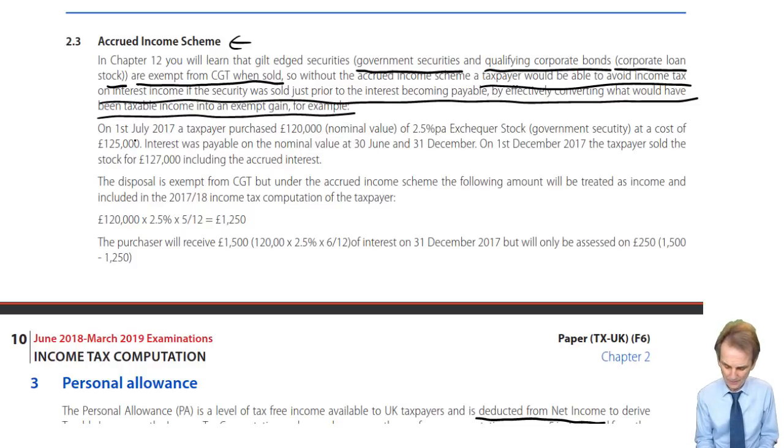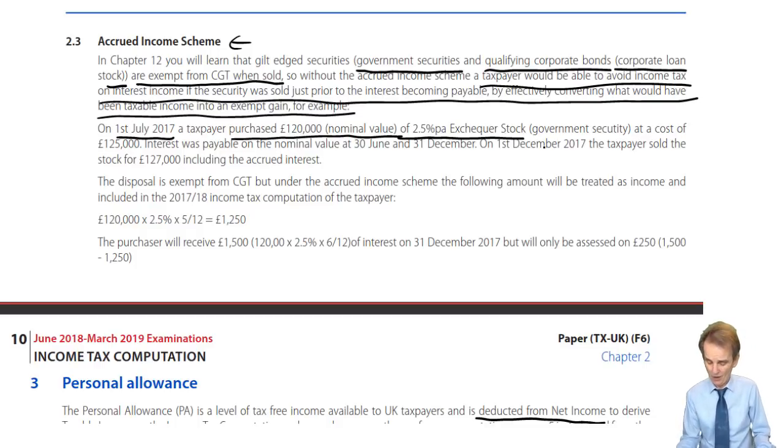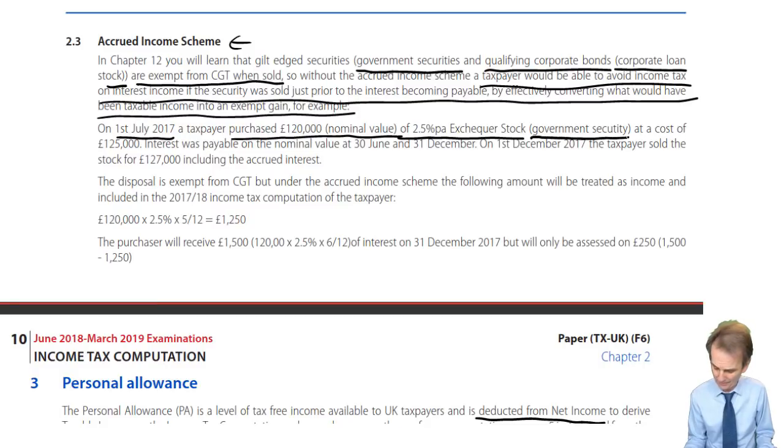So, we are told that our taxpayer on the 1st of July 17 purchased £120,000 nominal value of 2.5% per annum exchequer stock. An example, probably the most likely one if they're going to give this, of a government security.